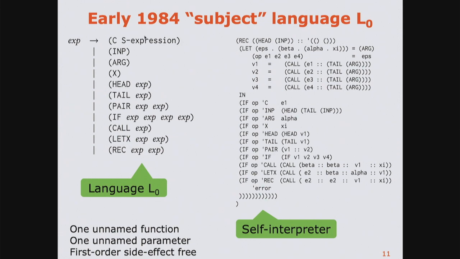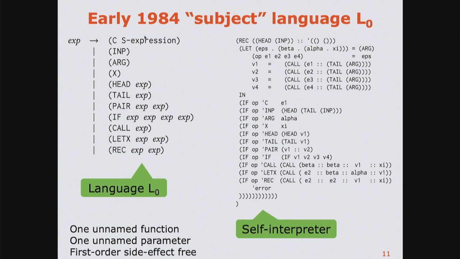So this language was really simple, and here's a self-interpreter written in a let extended version of this language. So you can bind variables and so on, and there's a preprocessor translating that into this.